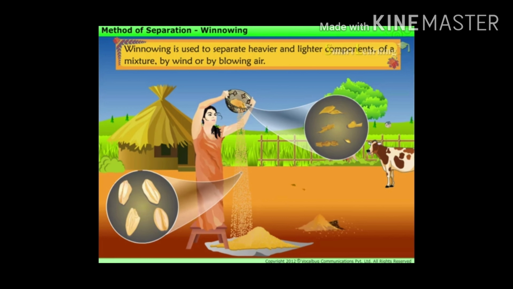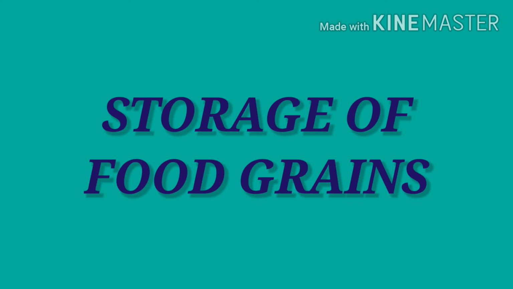If wind is not blowing, the farmers may use a fan or a cooler for this process. So students, I think harvesting, threshing and winnowing are clear to all of you.